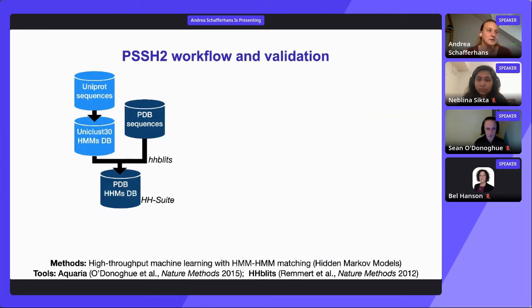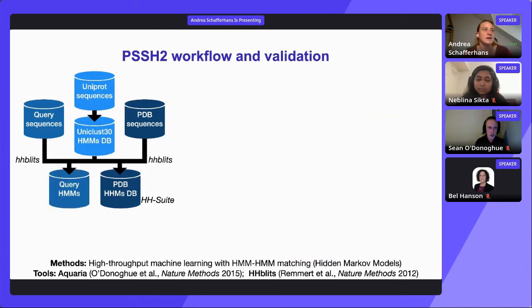And using HH-suite, that gets turned into a searchable database of HMMs. And then what we pre-calculate for the query sequences is that we also generate HMMs of those, scanned against the UniClust proteins. Then you have a query HMM, which you can scan against the database of PDB HMMs. This generates the database PSSH2.